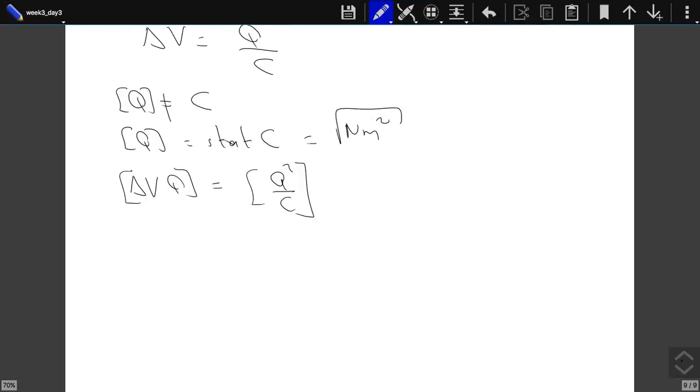Let's say energy has the units of Newton meter, which should be equal to Newton meter squared over the unit of Coulomb. So Newtons cancel, meters cancel. So C, the capacitance, not the Coulomb, should have the units of length. So everything is kind of consistent.